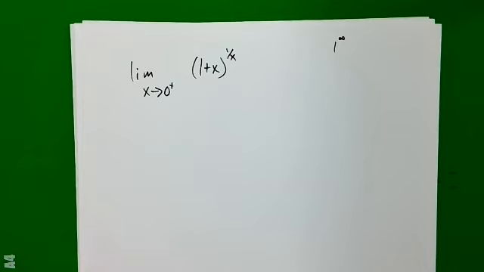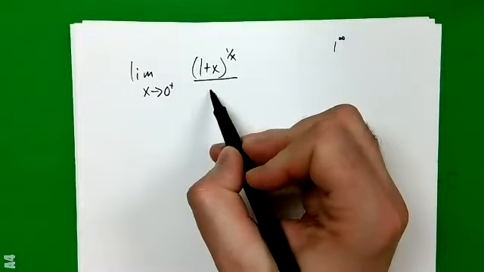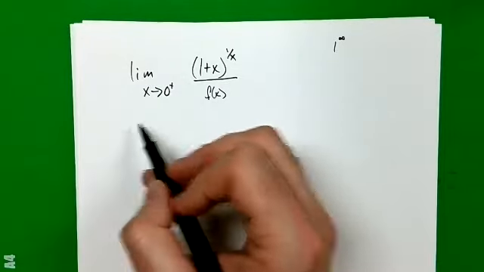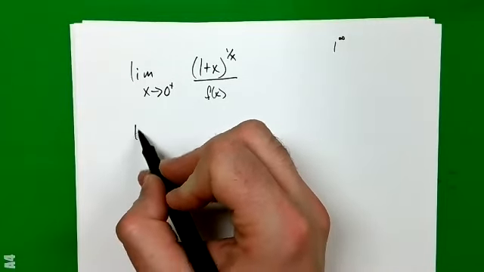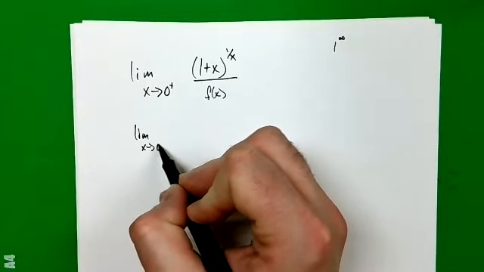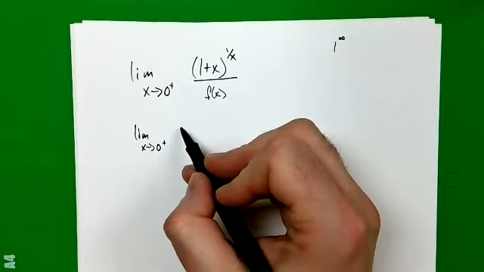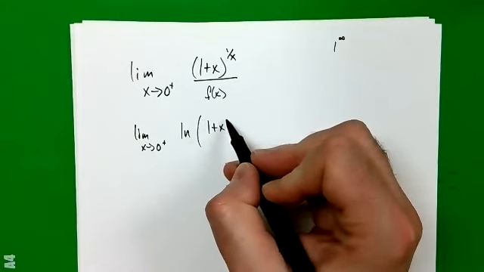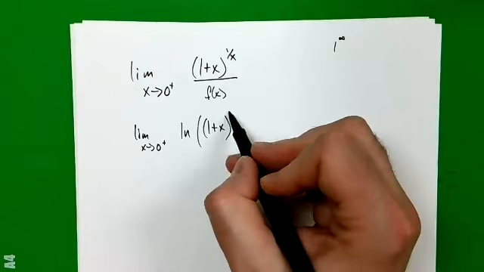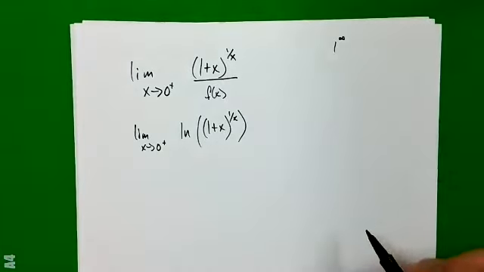We can't use L'Hopital's rule directly, but we know that if we call this f of x, we can find that limit by finding the limit as x approaches 0 from the right of the natural log of 1 plus x to the 1 over x.